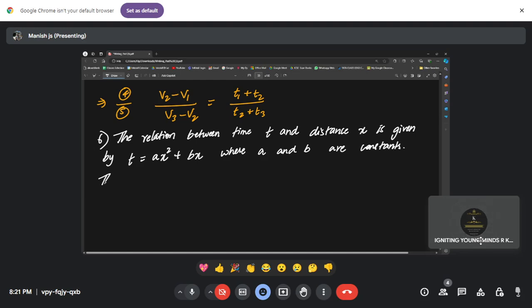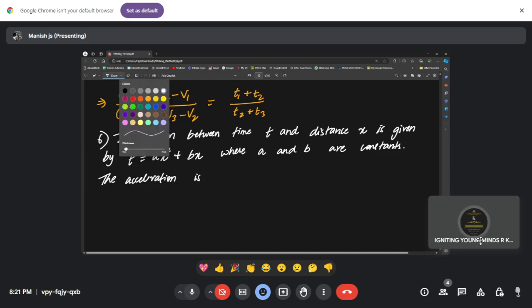The acceleration is... What is the acceleration? We will have to find out.